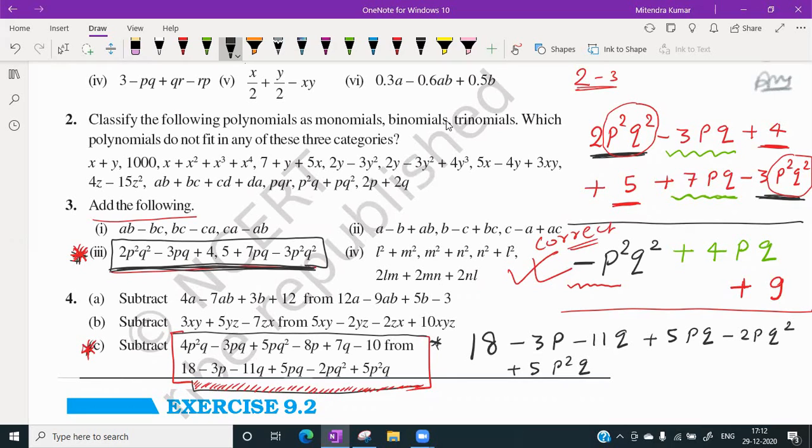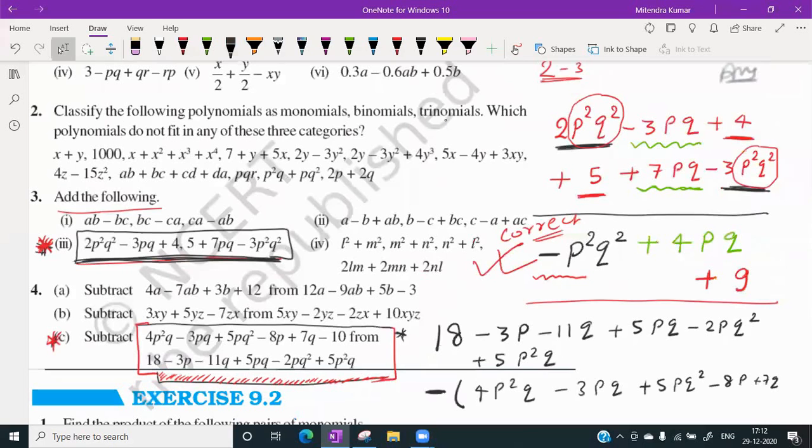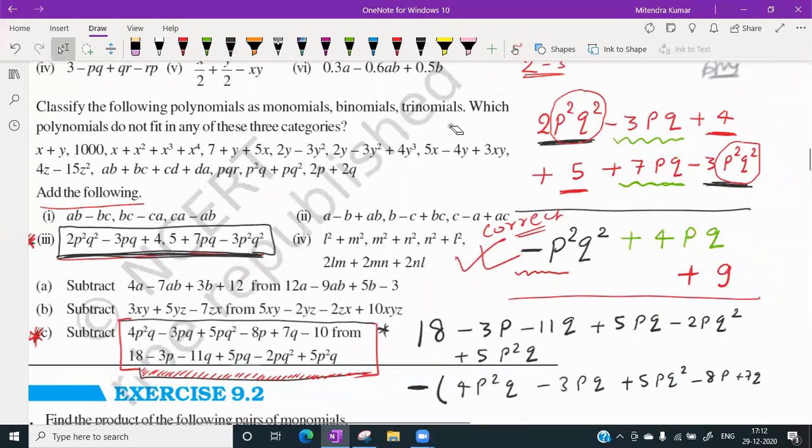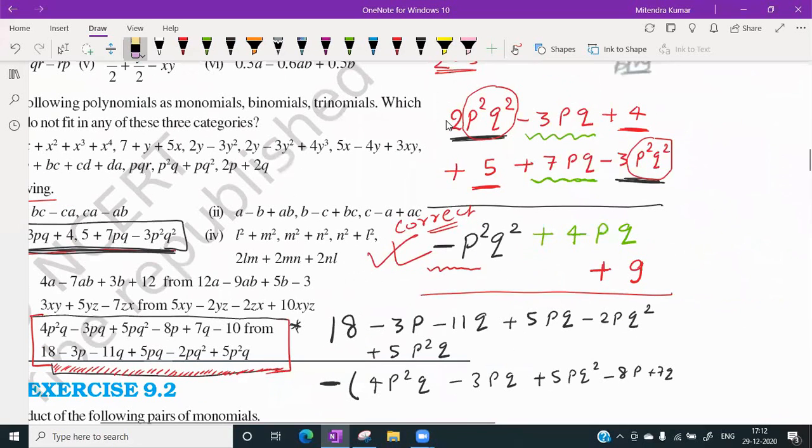In this you have to subtract this whole term, that is p square q minus 3pq plus 5pq square minus 8p plus 7q.